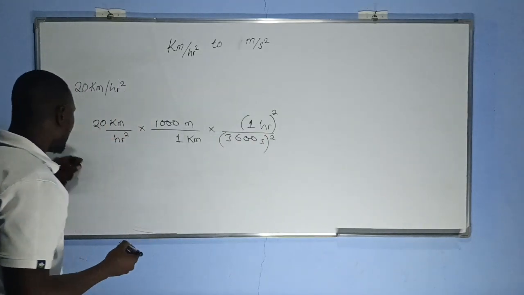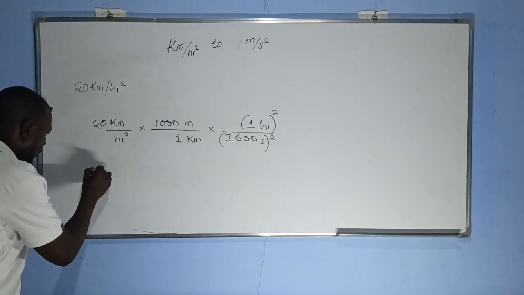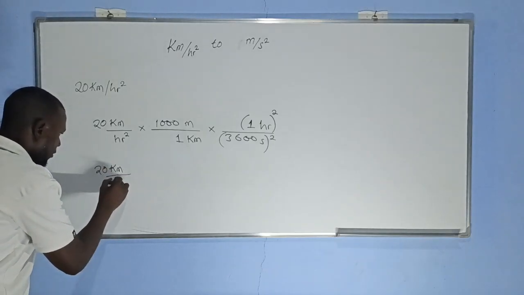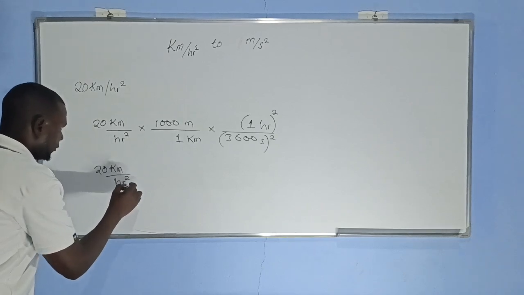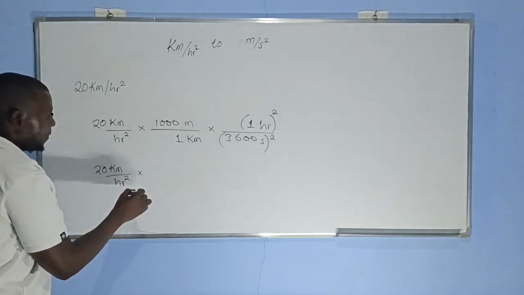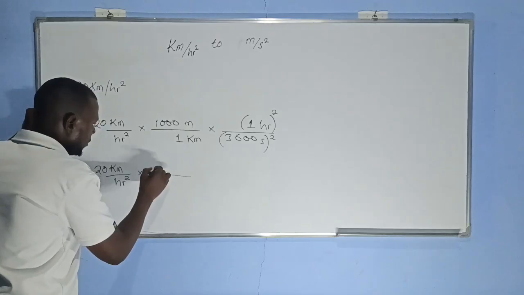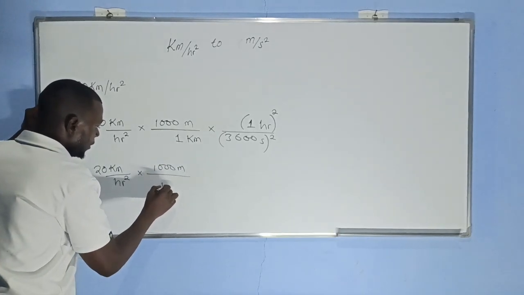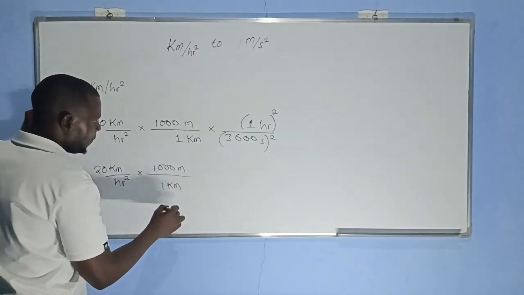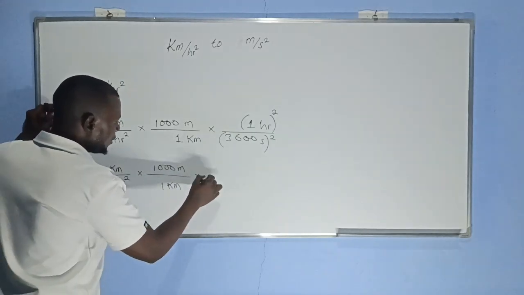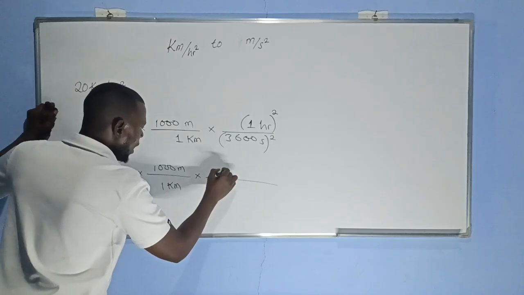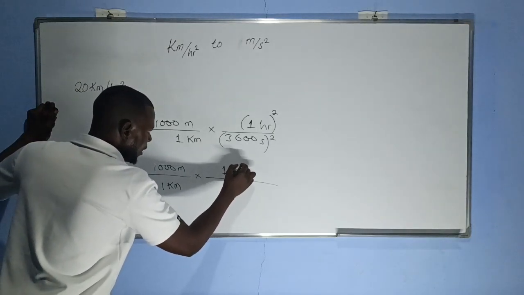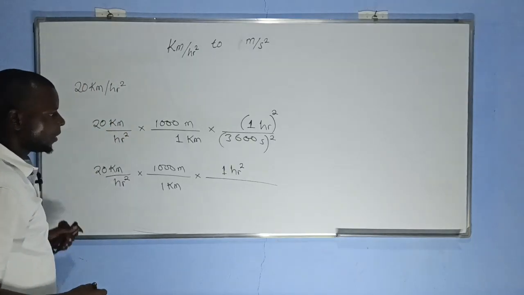So let's write our new information. We'll have 20 kilometers per square hour multiplied by, here we'll still have 1,000 meters, the 1 kilometer, and this will give us now on top there 1 squared is 1, and the hour squared will give us square hour.